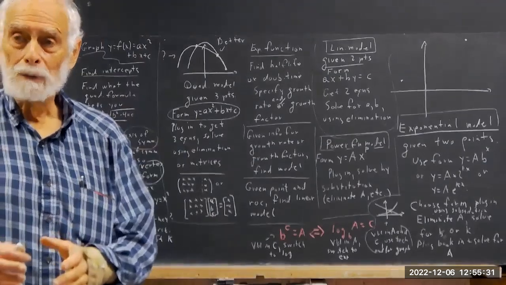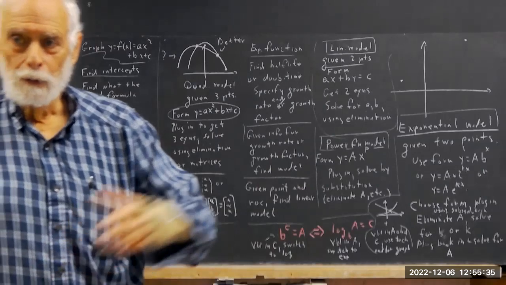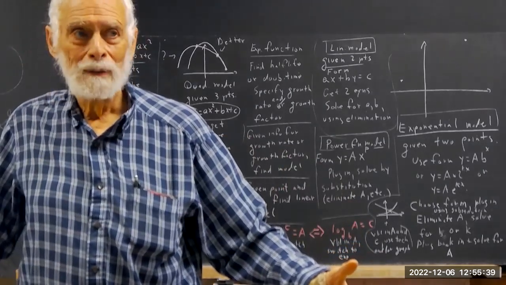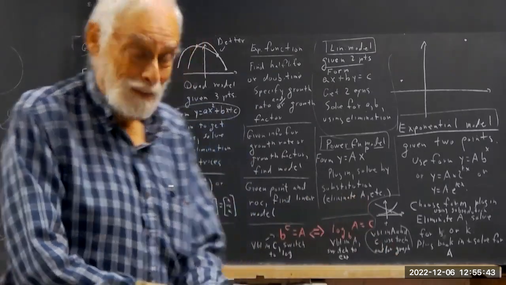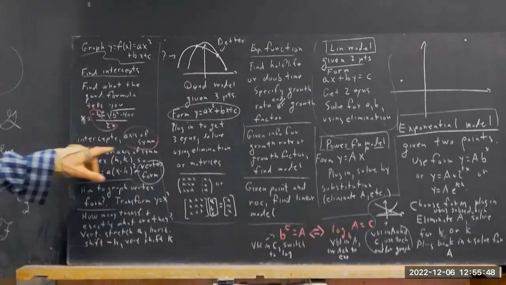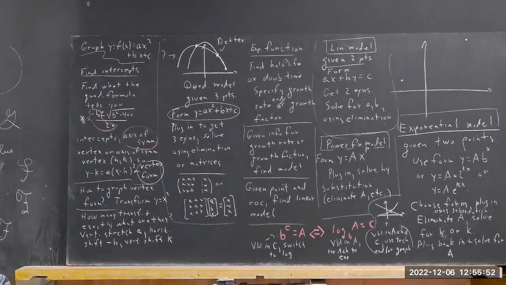If it's symmetric, it's got to be the same on this side as it is on this side, meaning if you have a 0 on this side, there's got to be a 0 on the other side at the same distance, telling you it's halfway between. Okay? Think about that. Okay? So, get the intercepts and the axis of symmetry from the quadratic formula.